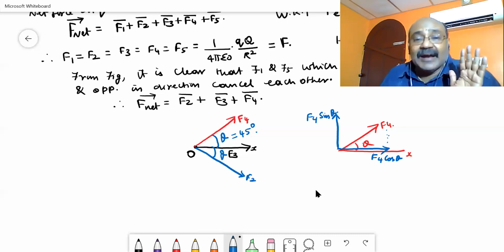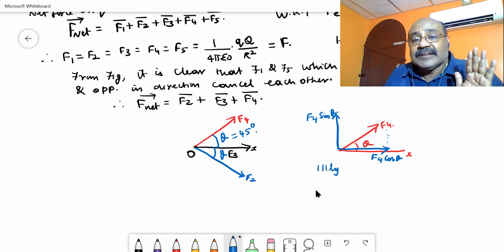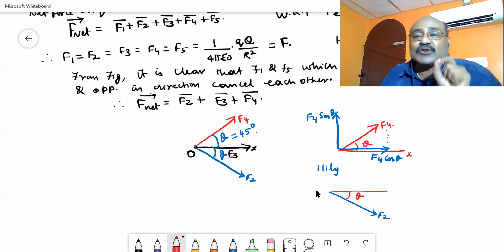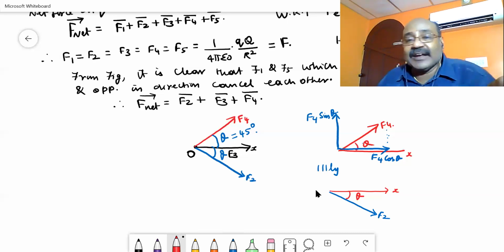See, similarly, I can consider F2. When you are taking F2 with reference to the x-axis, it is inclined at an angle theta. So F2 can also be resolved into two perpendicular components, one along the horizontal and another one along the vertical.